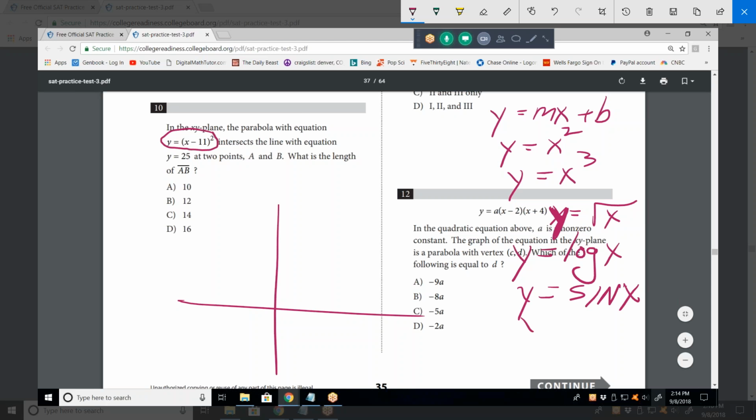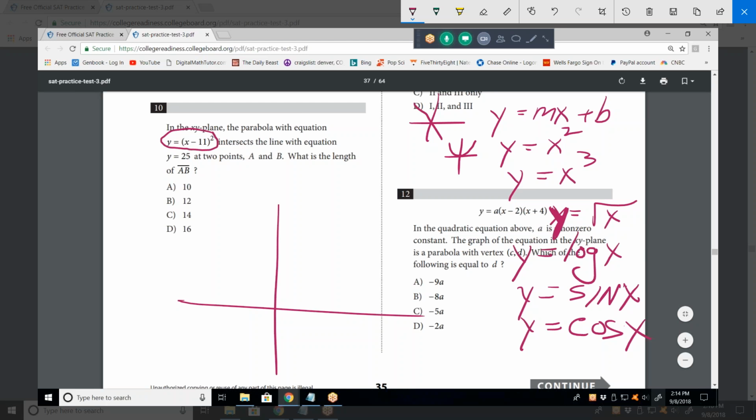This is the cosine function. They want you to know what all of these look like. There are 10 of them, and I've only listed 7. This one is a straight line. This one is a parabola that goes through the origin.